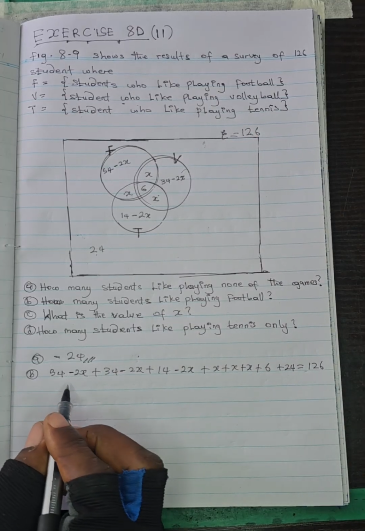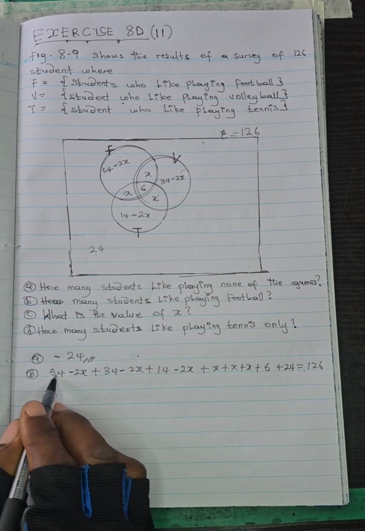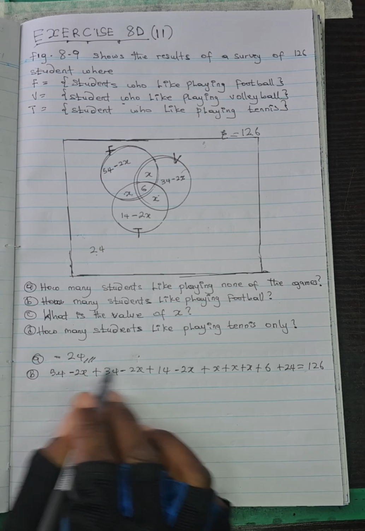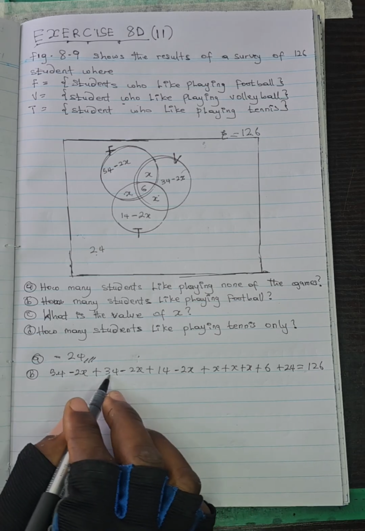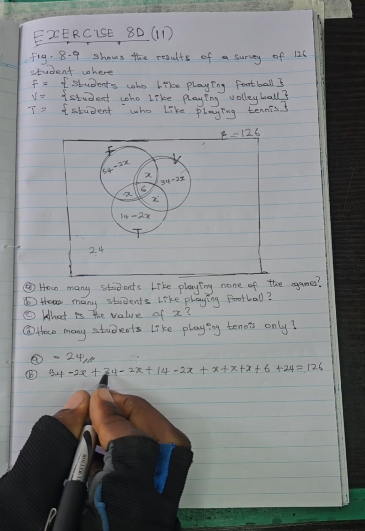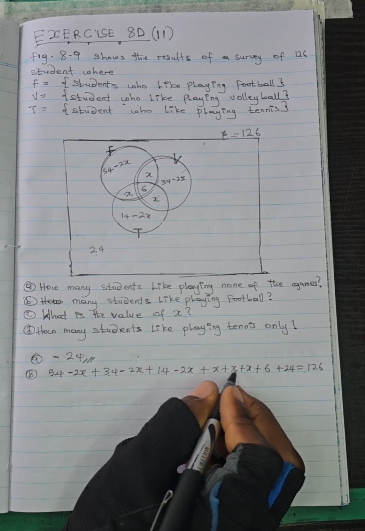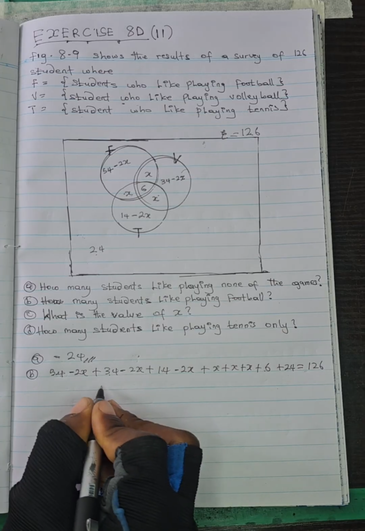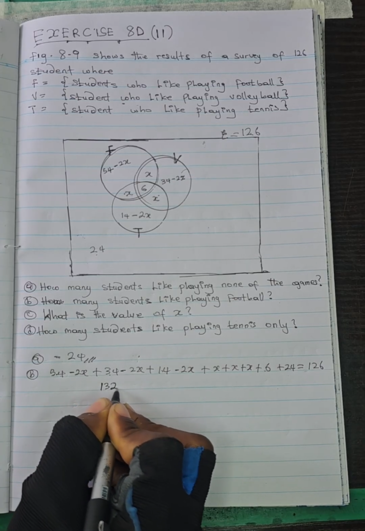So let's start. 54 plus 34, I'm trying to take out the whole numbers first. 54 plus 34 plus 14 plus 6 plus 24 will give us 132. That's for the whole numbers.